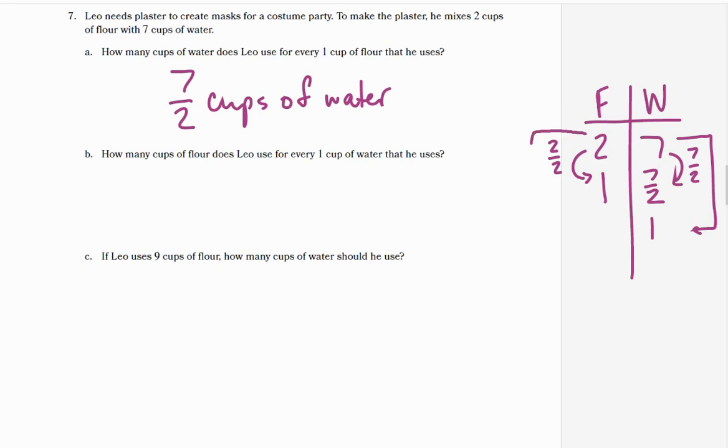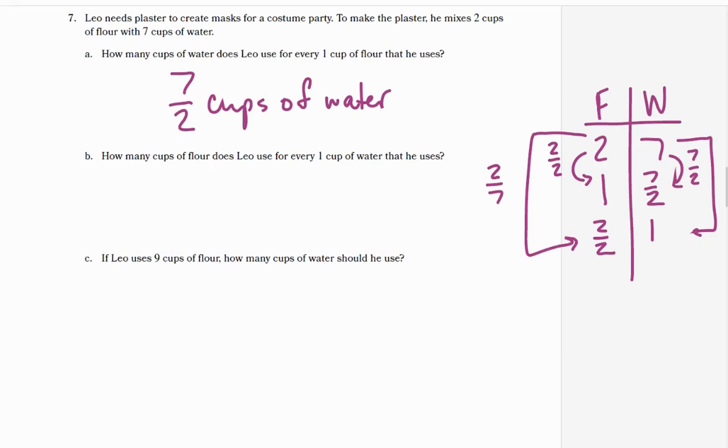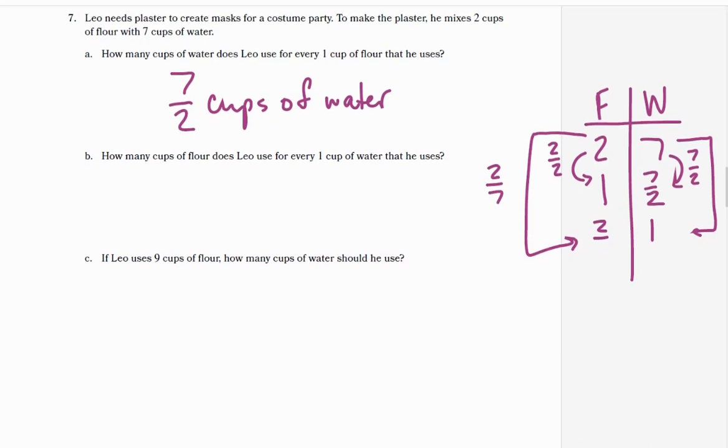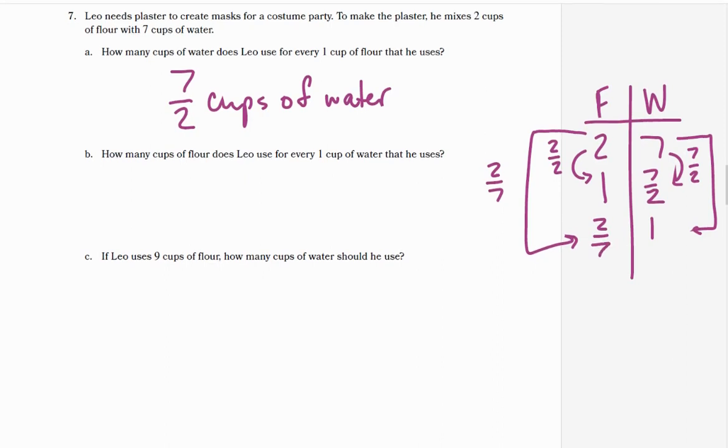So on the other side, I'm going to do the same thing, except I'm starting with 2 in that top row and dividing by 7 to get 2 over 7 as my answer. Okay, so it is 2/7 cups of flour.